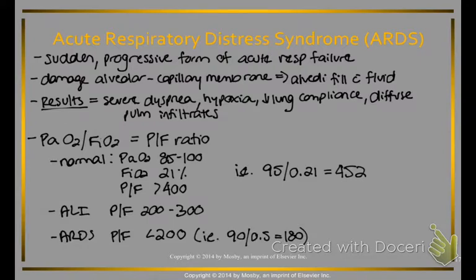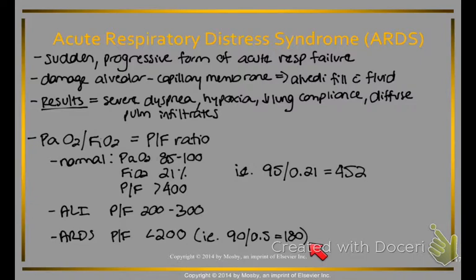So this is somebody who has only 90% on their pulse ox, but maybe they're ventilated, or maybe we're giving them oxygen through a nasal cannula and they're at 50%. So we're giving them 50% oxygen and they can only maintain an SaO2 of 90%. Then they're only going to be 180. Do you see the difference in that?